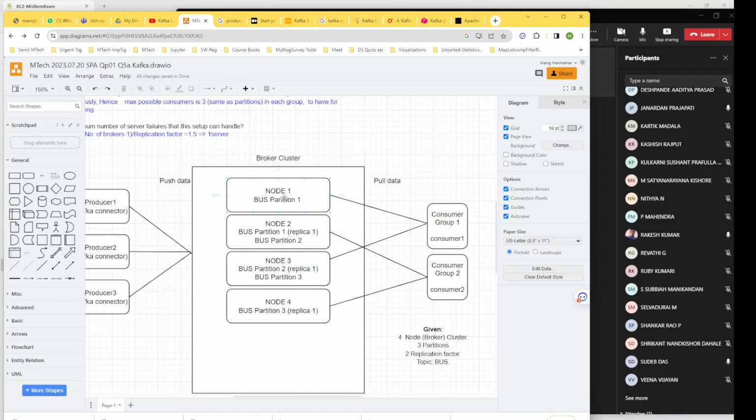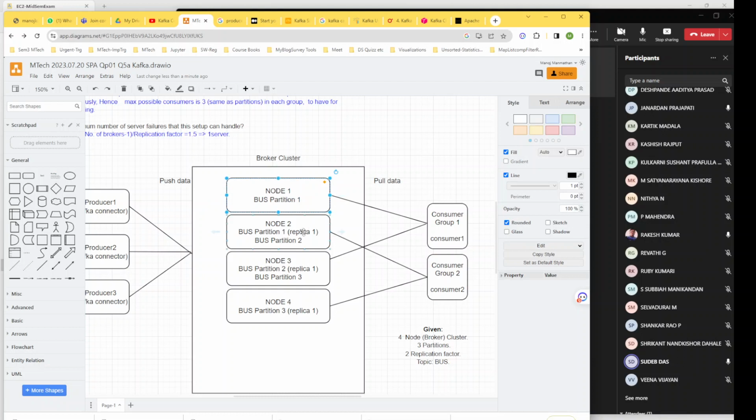How many nodes failure are you looking at, Sudeep? 2. Okay, which ones? 1 gone and suppose 3 gone. Okay, 1 gone means the main partition 1 is gone, but we have 2. Then suppose 3 is gone. So he may be looking for consumer group 1 being served by one node and consumer group 2 being served by a second node.